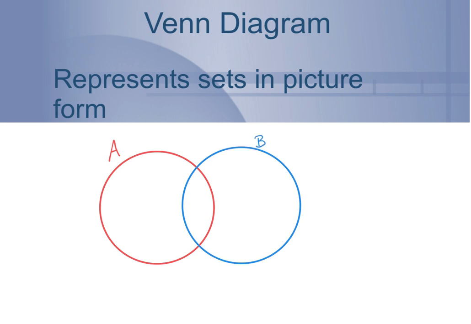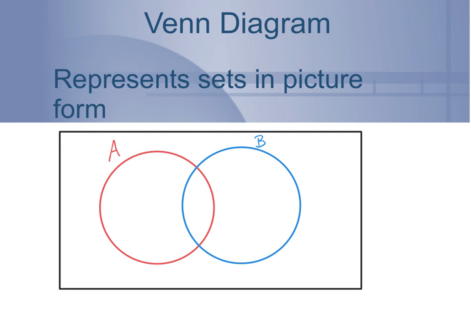And then for Venn diagrams, you also have what's called a universal set. The universal set is what encompasses everything. It's like your whole entire set of numbers, right? And that's a rectangle that goes on the outside of all your circles, and that's represented by U. Universal means all the numbers in all my sets, and typically they'll define the universal set.